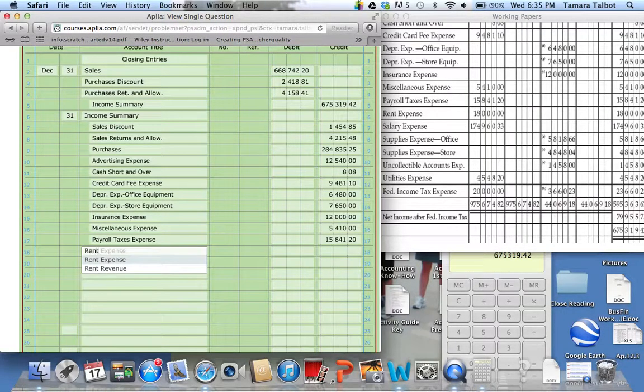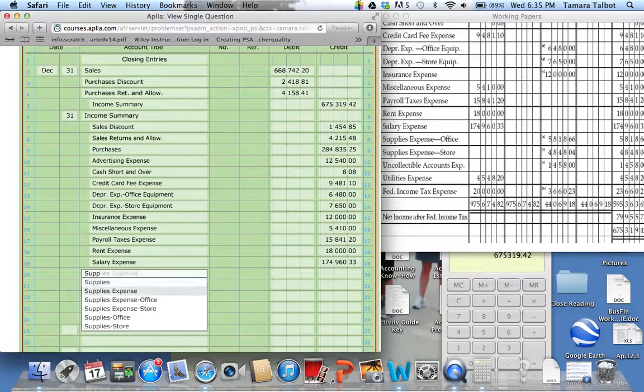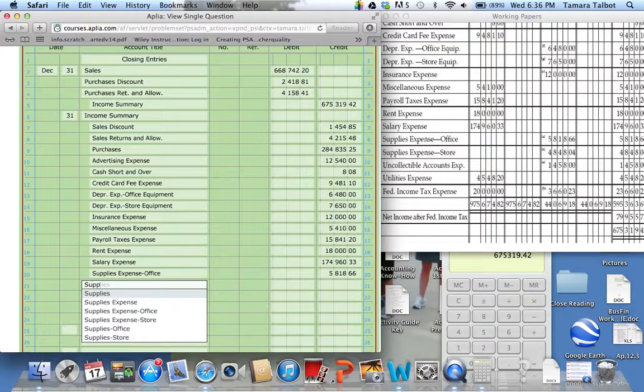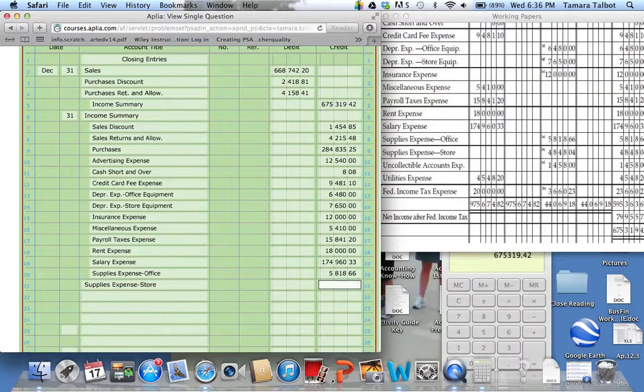And we have rent expense, salary expense, supplies expense office, supplies expense store, uncollectible accounts expense, utilities expense, oops, and the last one, federal income tax expense.